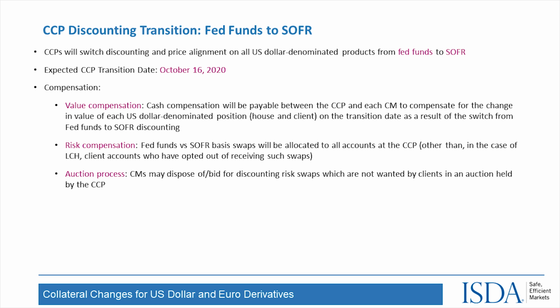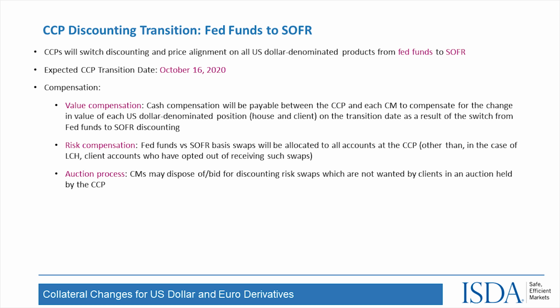As Sarah will come on to in a minute, the way that each CCP is allocating and then running an auction for these basis swaps differs slightly between LCH and CME, but for the most part, they will be allocated to all accounts at the CCP, other than in the case of LCH, clients that have opted out of receiving the swap.